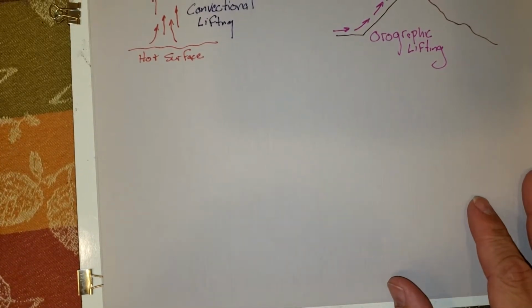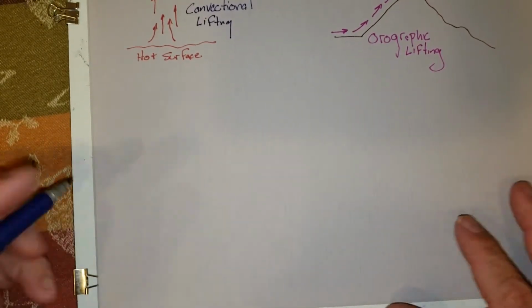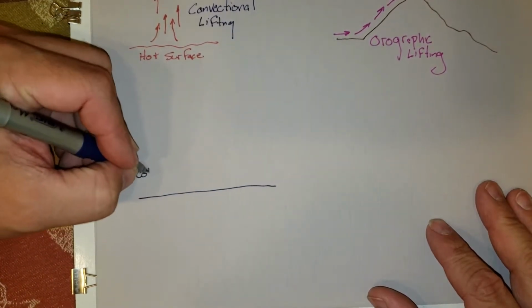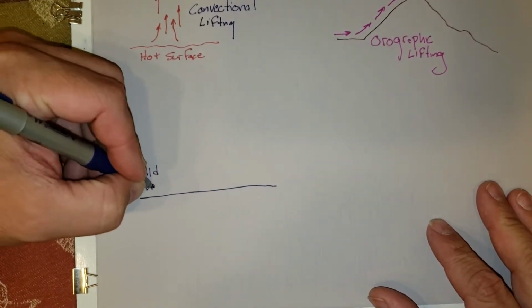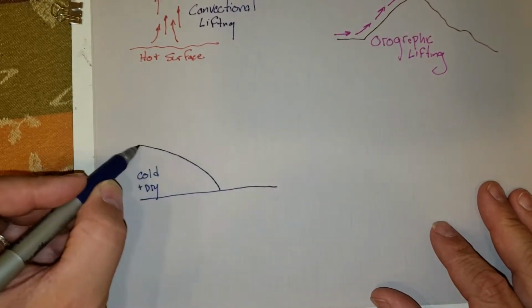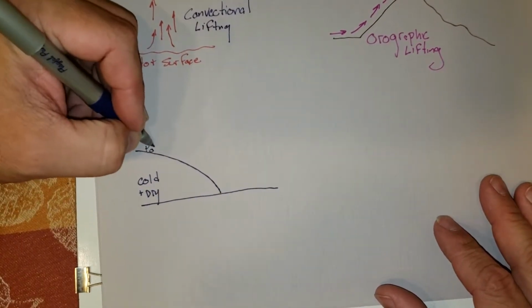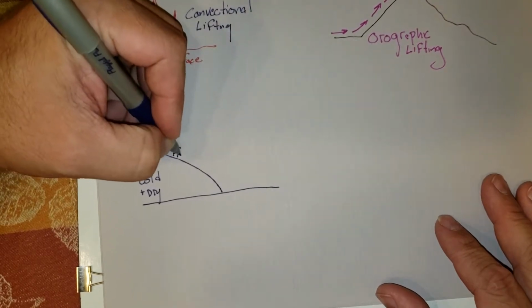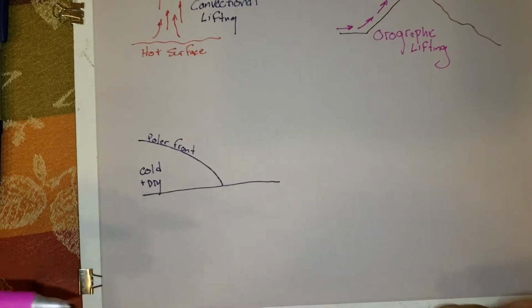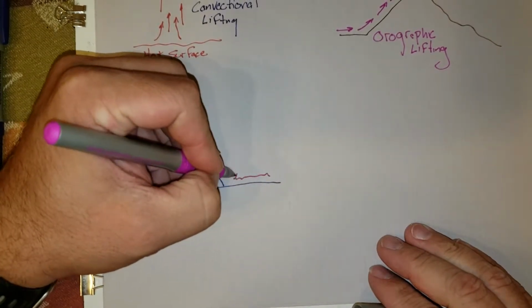There's one other spot that we've talked about a little bit already. If you have very, very cold and dry air, like in our polar regions, and maybe this looks familiar, we have our polar front. And then we have this very warm and moist air that starts coming along.